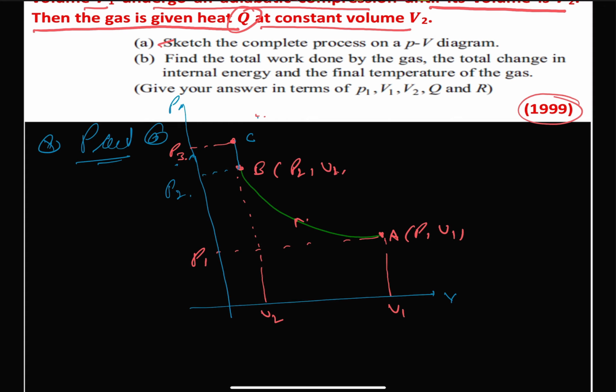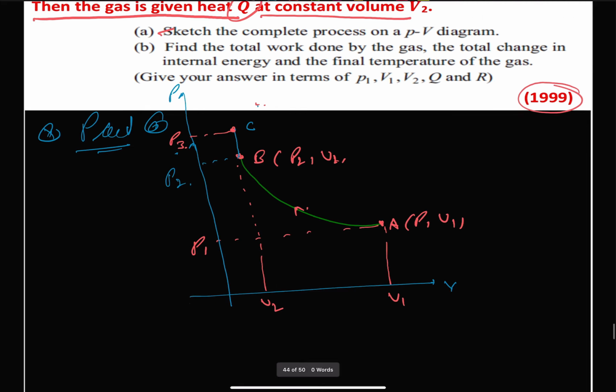Part B, find the total work done by the gas, total change in internal energy, and the final temperature of the gas. So total work done: we have adiabatic compression, and then we have our isochoric heating.